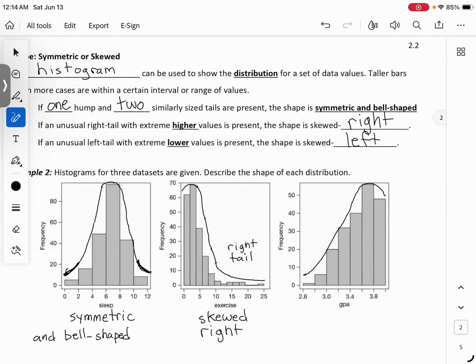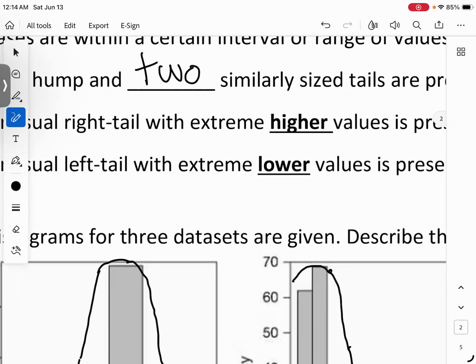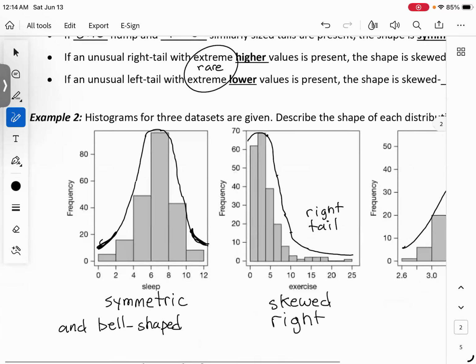But those tails are what they use the word to call the extremes, like extreme high, extreme low. But I think maybe a better word is rare, right? Those tails are those really short columns where you don't see a lot of people who said that's what they do or that's their value.